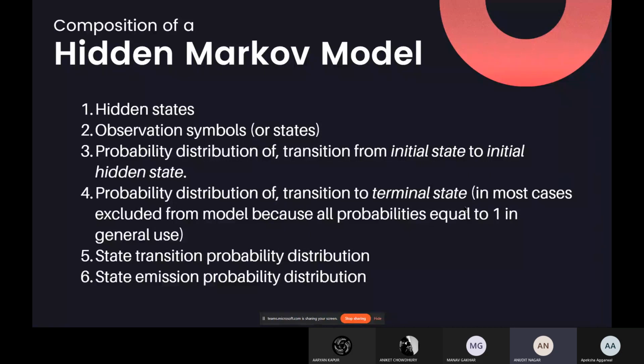We're going to discuss more about these in the later slides. Then there's the probability distribution of transition to terminal states. In most cases it's excluded because we usually end at one specific state, so the probability is equal to 1. And there are the state transition probability distribution and the state emission probability distribution. So let's understand these terms in a bit more detail.